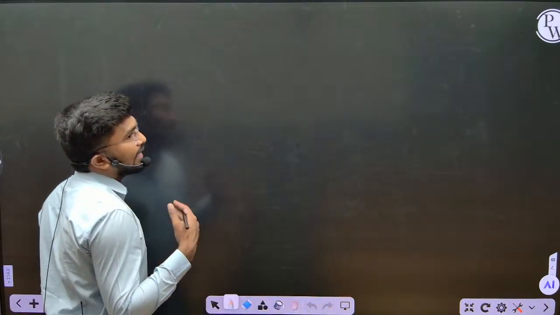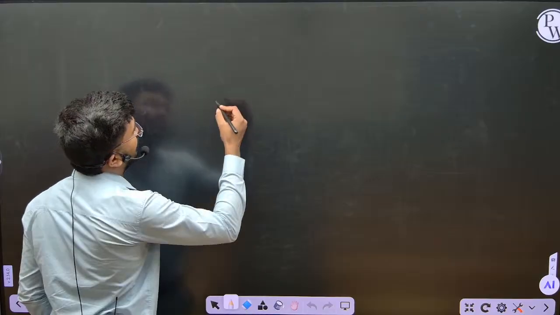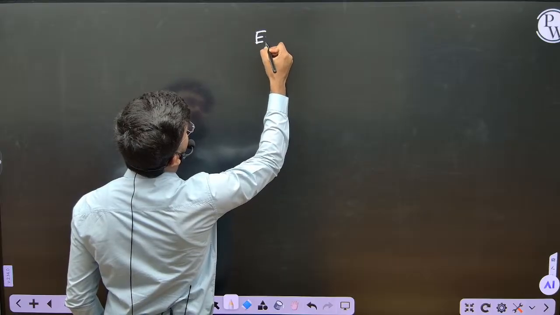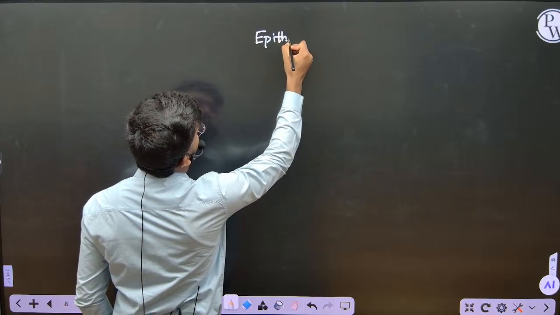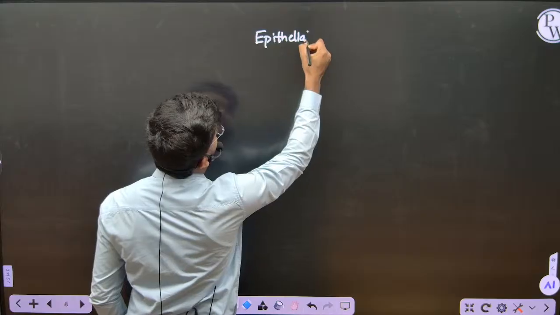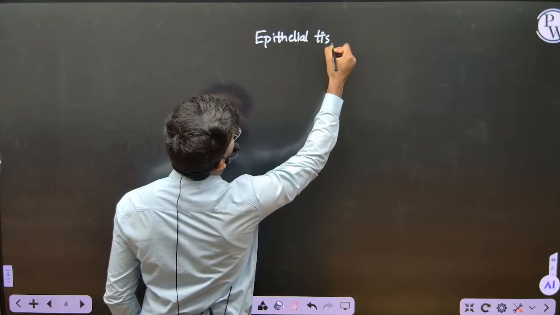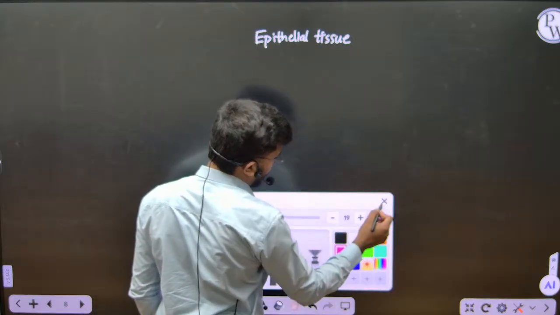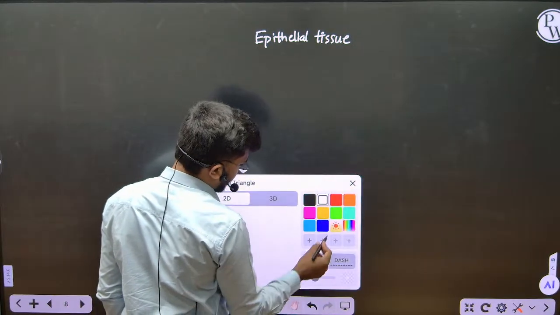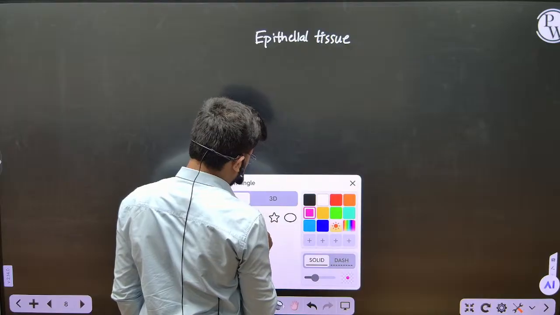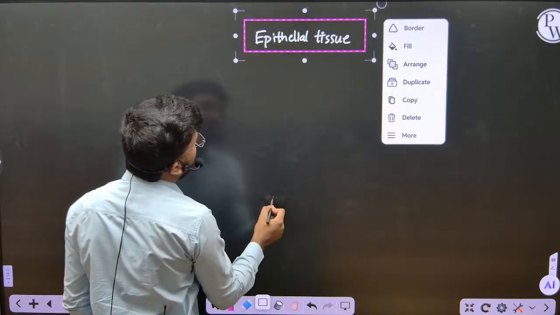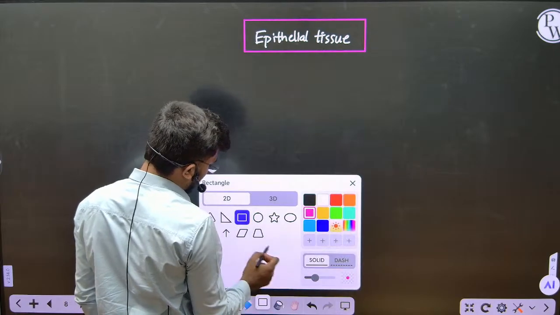Epithelial tissue we can classify into two types. Okay, I am explaining the classification now. Epithelial tissue is divided into how many types? Two types. What are the two types?